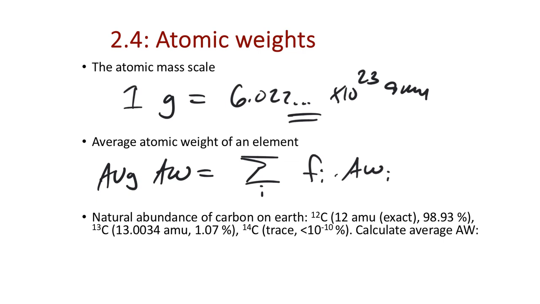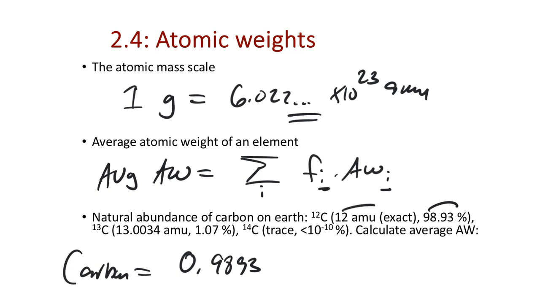For example, with carbon, 98.93% is carbon-12. So the average atomic weight of carbon as an element is equal to this fraction, because that's the fraction of one of the isotopes, times that isotope's mass, which is 12 AMU.